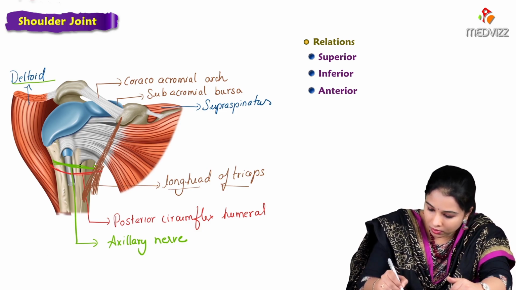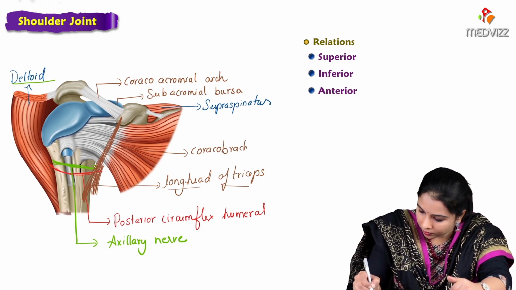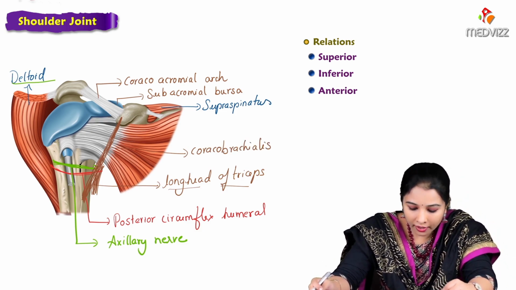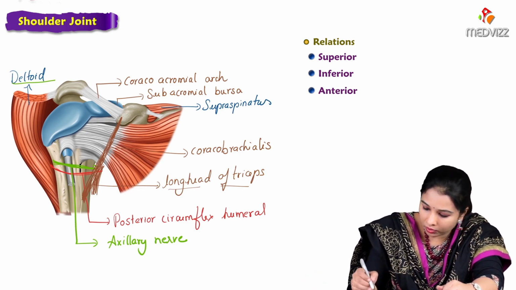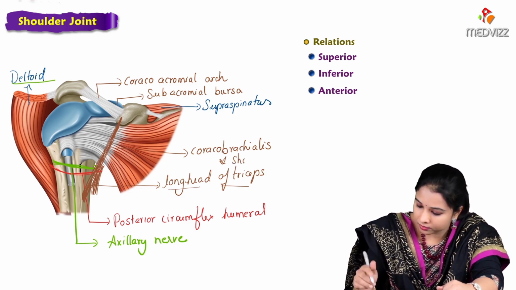This is the coracobrachialis, and it is related to the short head of biceps, which takes origin along with the coracobrachialis.